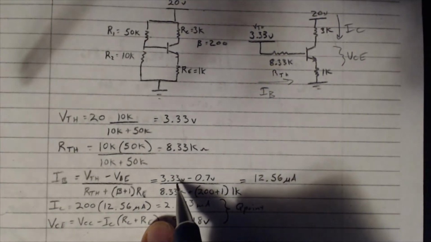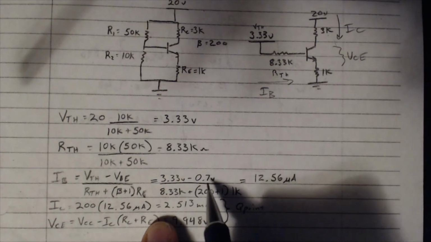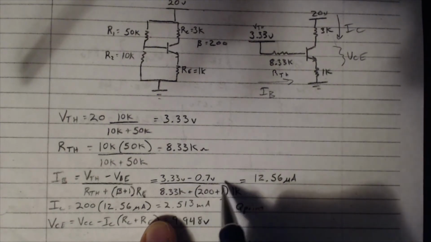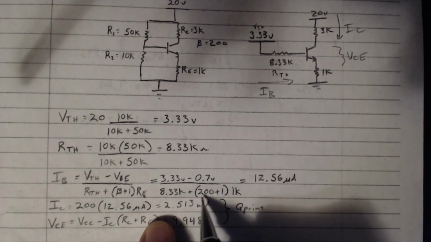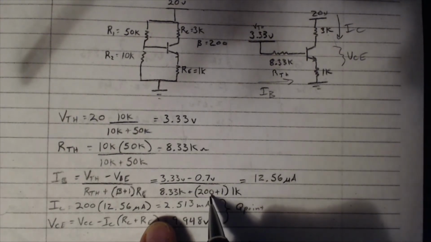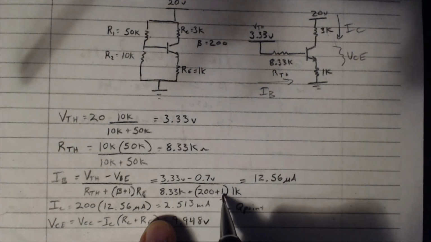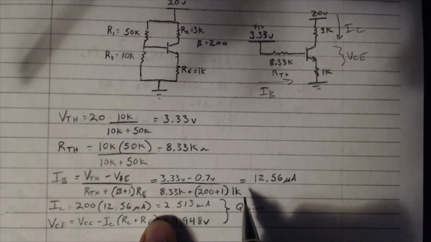And so we get 3.33 volts minus 0.7 volts, all divided by 8.33K, plus, now here's where we plug in our beta. Our beta is 200. That's intrinsic to the transistor. 200 plus 1 times 1K.